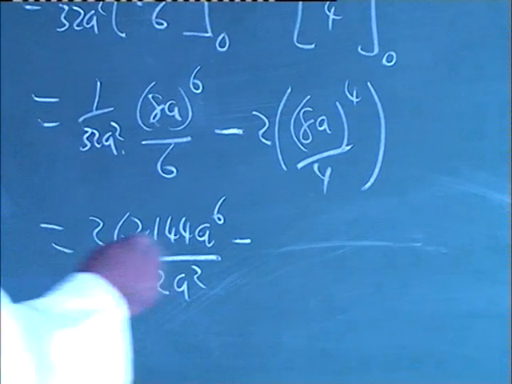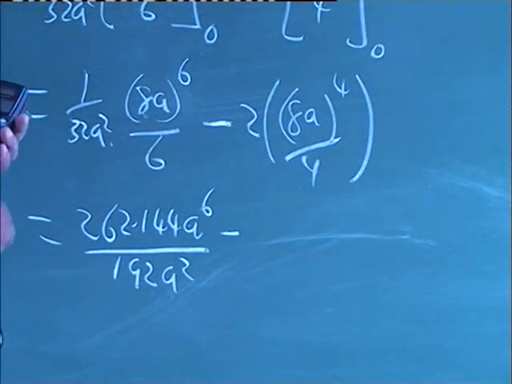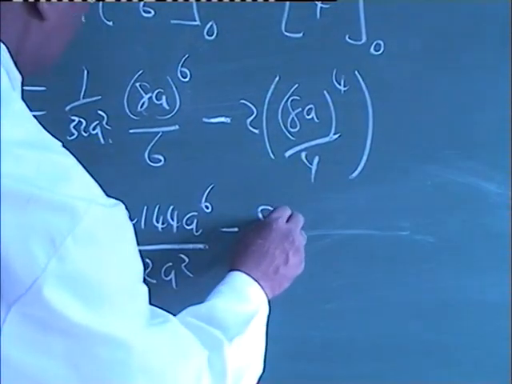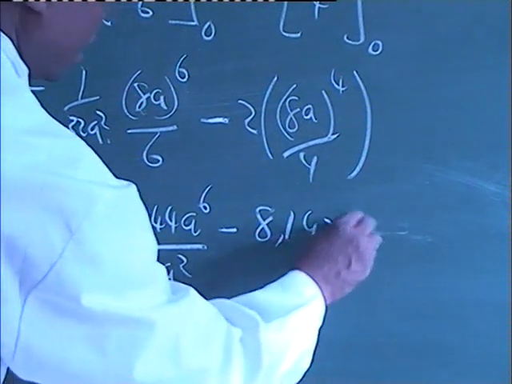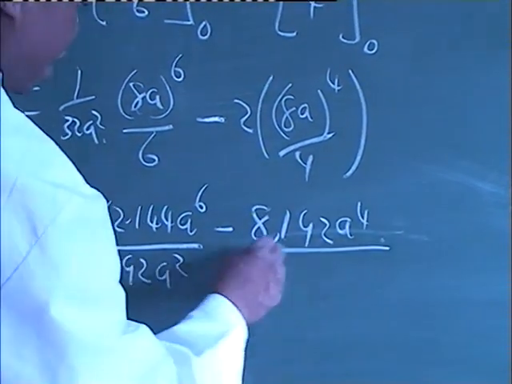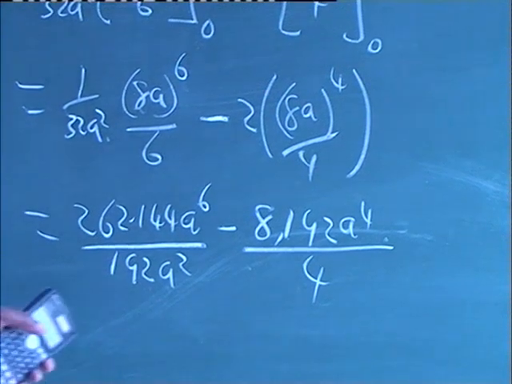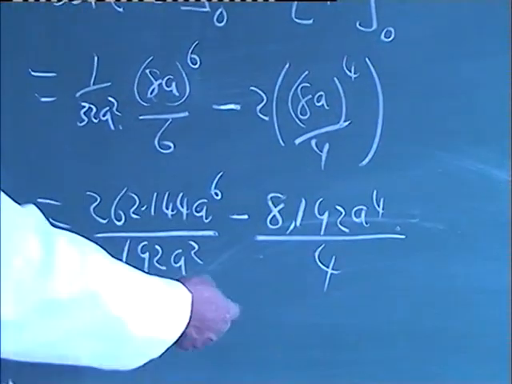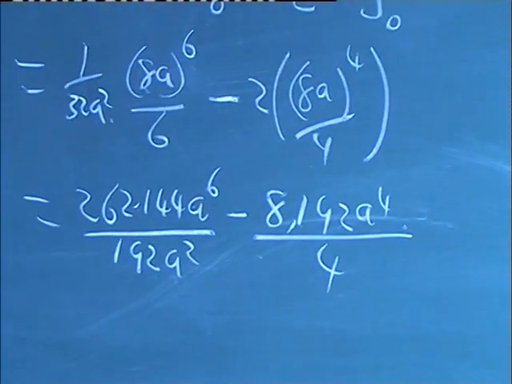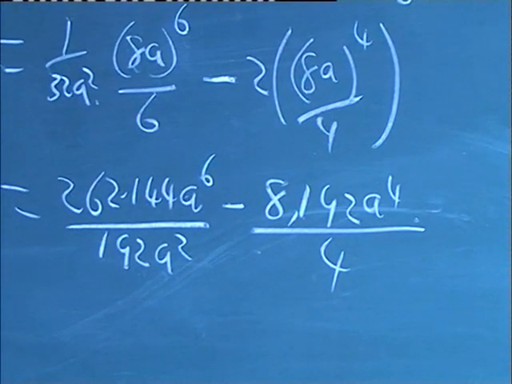It was 4, okay, times 2. Let me put in 2. We have 8,192 a raised to the power 4 divided by 4. So now this is how it is. If we can evaluate this now, then we get a particular answer. That is dividing this by this. Okay, let's finish it up.